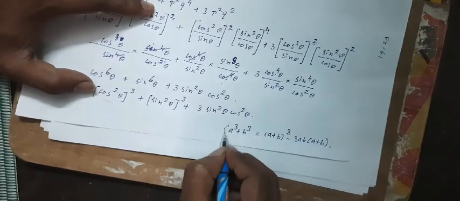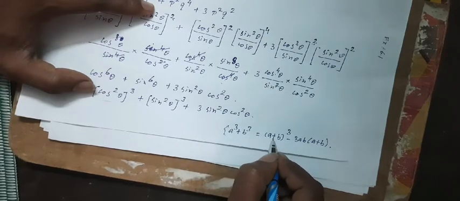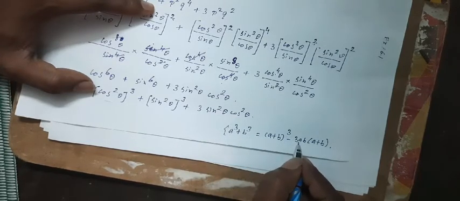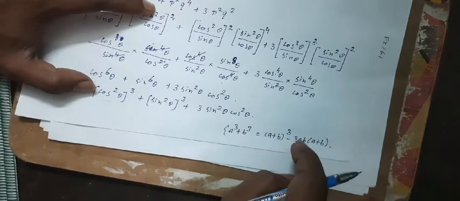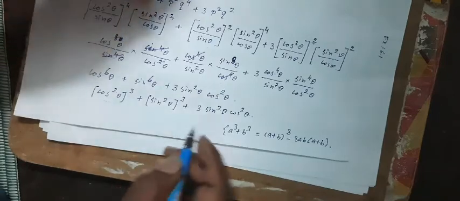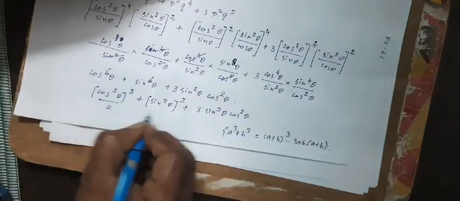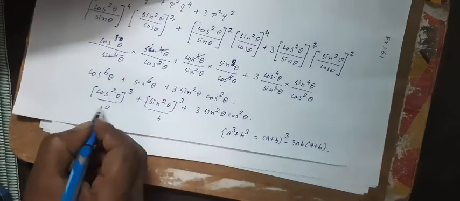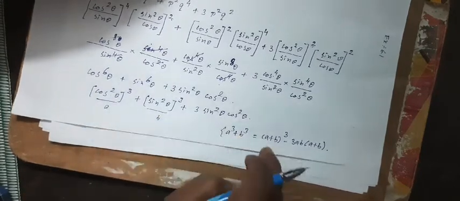So a cube plus b cube is equal to a plus b the whole cube minus 3ab into a plus b. Clear? So take and apply the formula. Here this one is a and this one is b, so a is equal to cos square and b is equal to sin square. Apply the formula here.